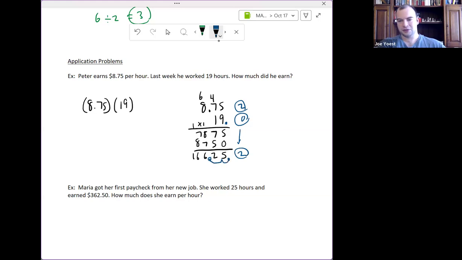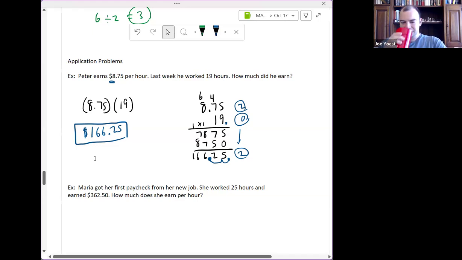So starting at the end, we move 2 decimal places to the left. This should be 166.25. And I want to answer in dollars. So for this, say, half week or so of work, 19 hours, let's say part-time job, Peter earned $166.25 that week.